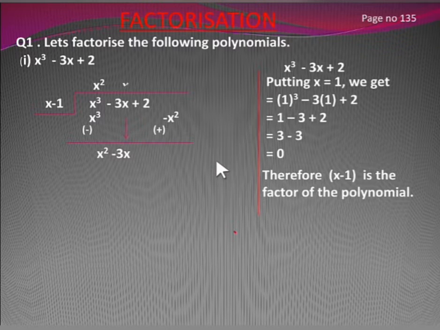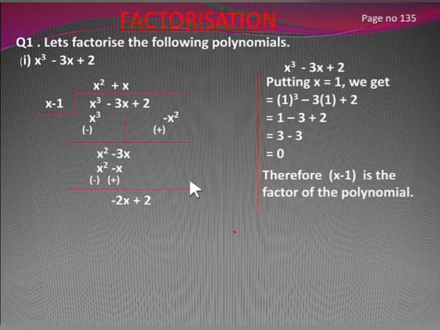Now when we multiply x with x, we get x square, and minus 1 with x, we get minus x. We have to write minus x below 3x. Change the sign.